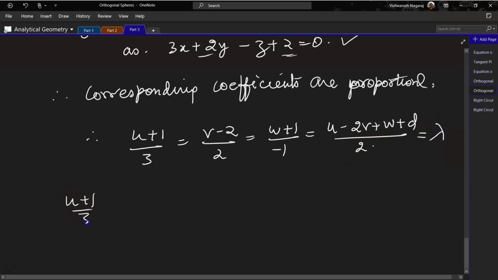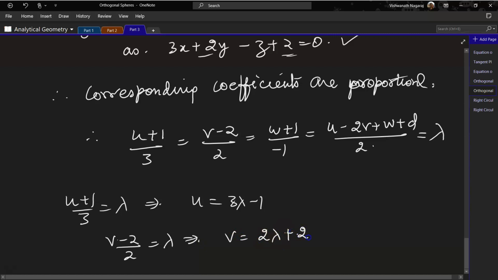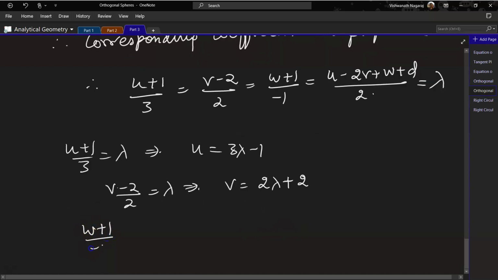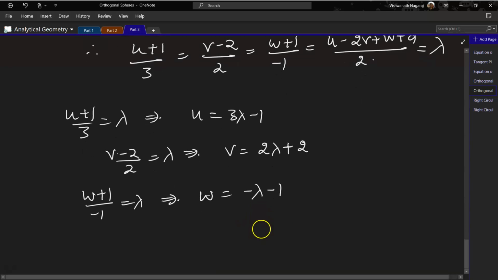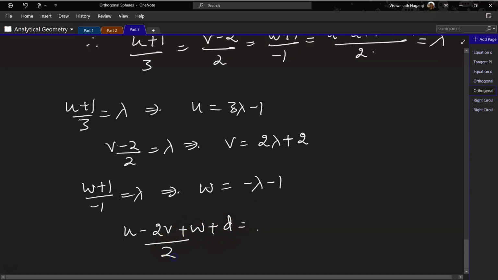So (u plus 1) by 3 equal to lambda, which implies u is equal to 3 lambda minus 1. (v minus 2) by 2 is equal to lambda, which implies v is equal to 2 lambda plus 2. Similarly, (w plus 1) by minus 1 equal to lambda implies w is equal to minus lambda minus 1. Now let's do the substitutions in the third set: u minus 2v plus w plus d by 2 is equal to lambda.